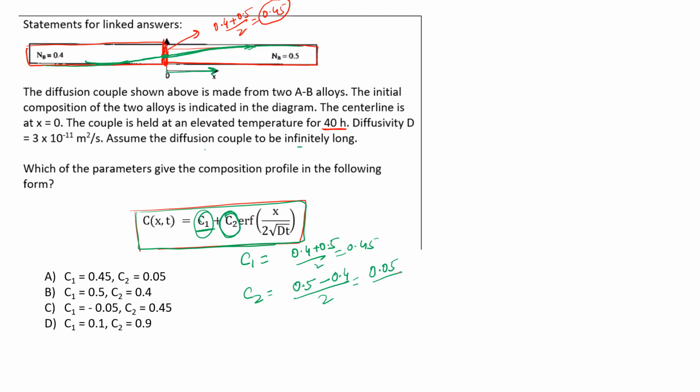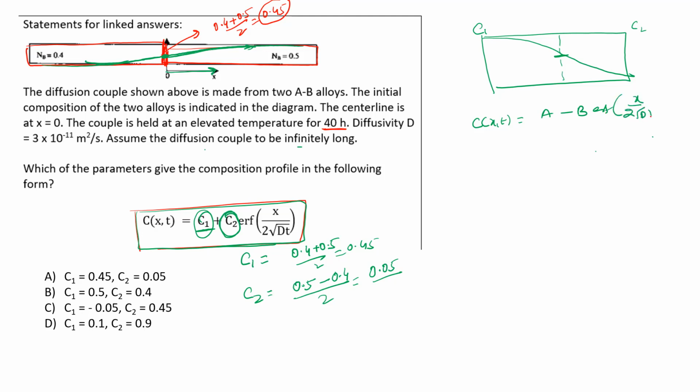Okay, people may confuse because in the book if you see, they have given something like this, where we have this C1 and this C2. C1 has been taken as the higher concentration, right? And this C(x,t), it is written as A minus B error function x by 2 root Dt. Okay, so here x is in the direction where the concentration is changing, so we have this minus sign to take care of that. But in this question the concentration was increasing, that's why we had this plus sign over here.